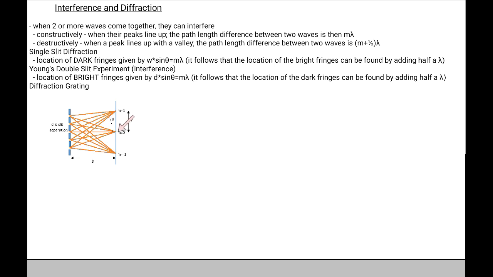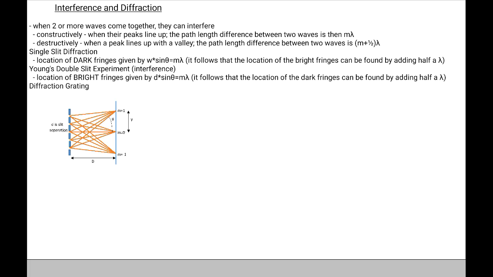I have one bright fringe here, and that corresponds to m equals 0. We have a second bright fringe that corresponds to m equals 1, and the same thing on the other side. There may be another one very far away, somewhere here or somewhere there, and then they spread out a lot more the further away we go.